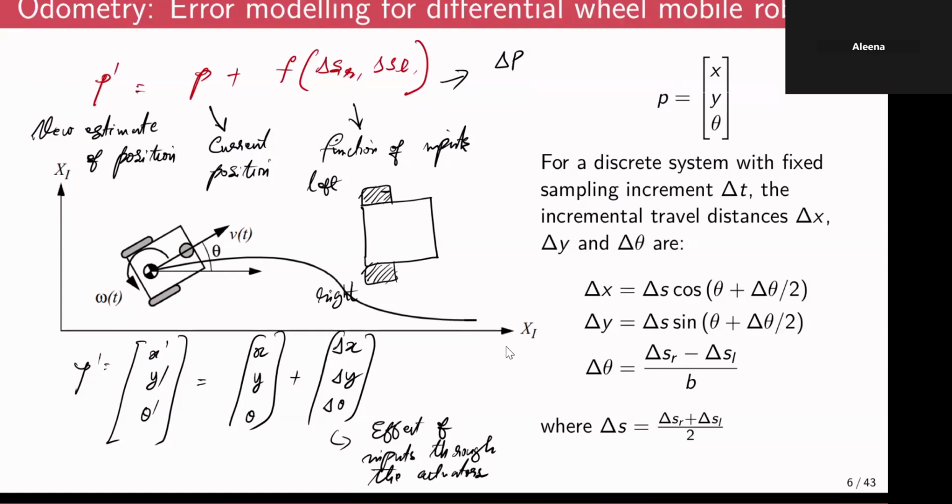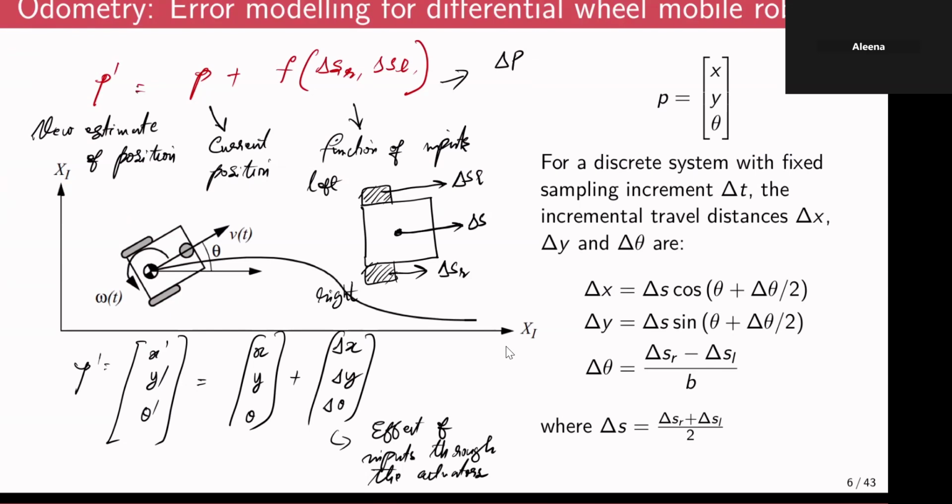So if you consider the incremental input to the left wheel as delta SL, and the incremental input to the right wheel as delta SR, what will be the incremental motion of the mobile robot from its center, delta S?